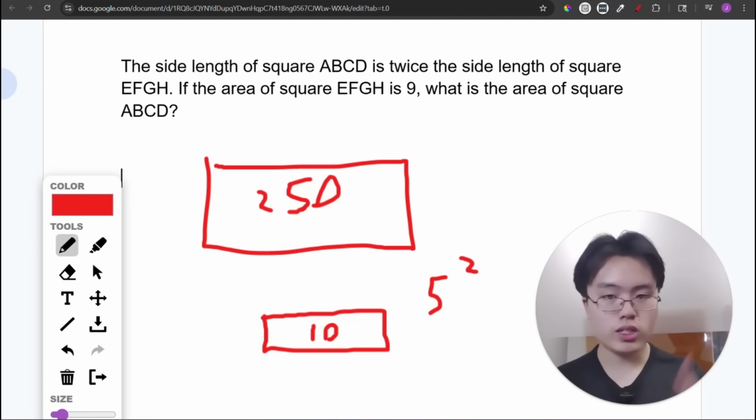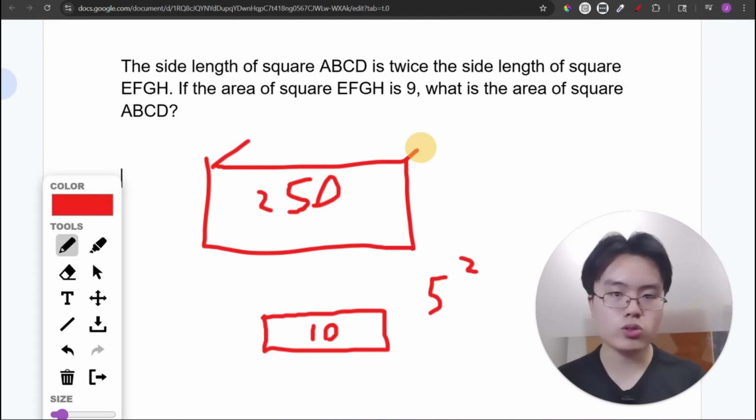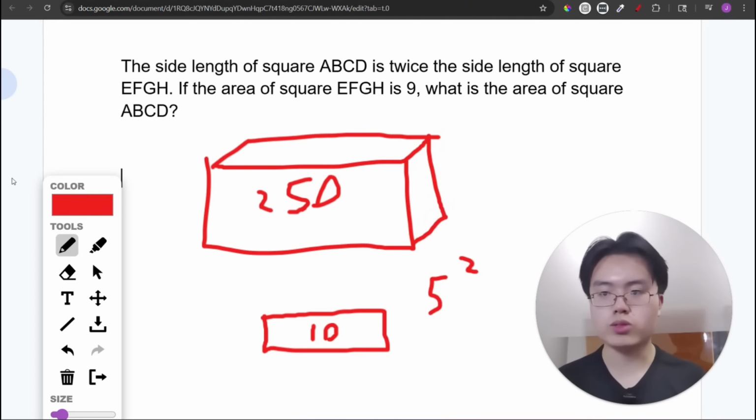Now, if you're working with 3D, so not just 2D but volumes, let's say these are rectangular prisms. And we knew the scale factor of the sides was still 5. Let me erase this one. This is actually going to change a bit.